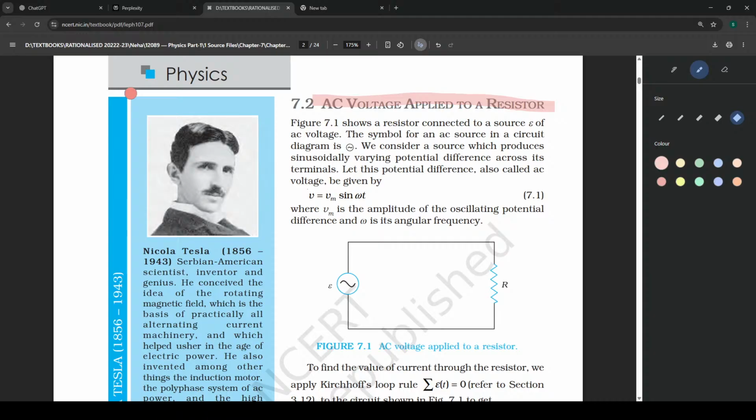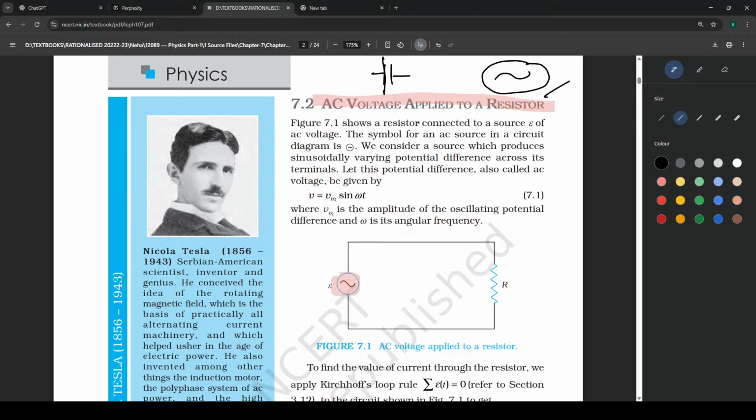If we connect an AC current supply, this is the denotation of an AC current supply. We denote it by a circle and a wave. This is the symbol. Instead of a battery, where normally we have a battery with one long and one short electrode, in this case we use this one.